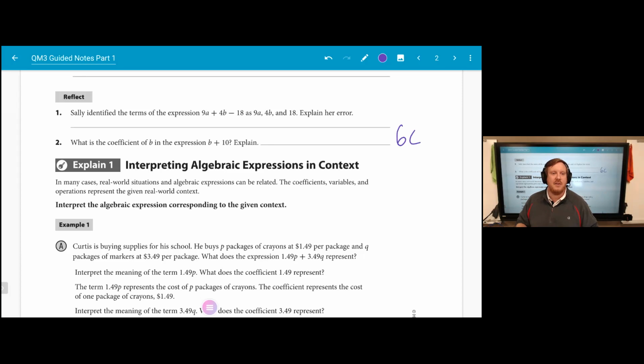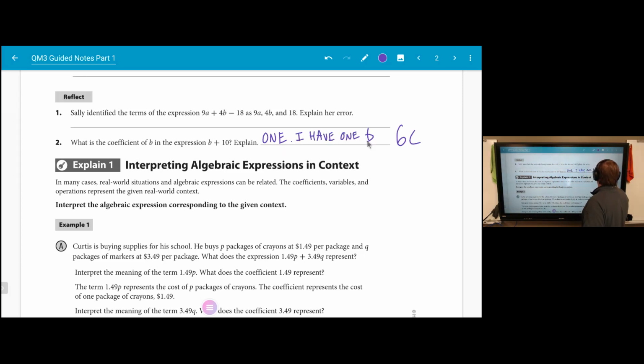In this case, there's no number multiplying the b. So how many b's do we have? We have 1 b. So I have 1 as my coefficient. It's 1b.